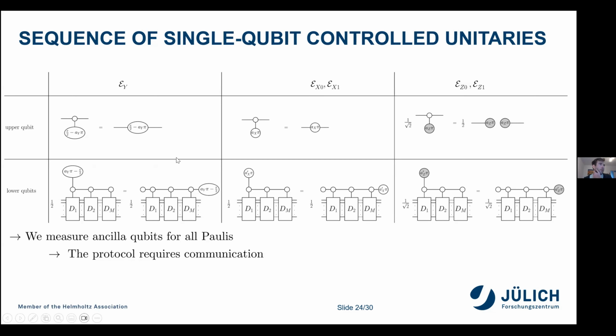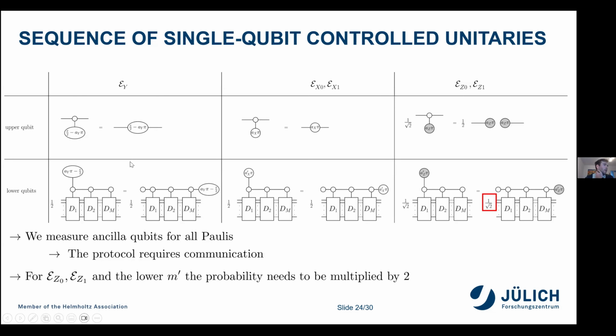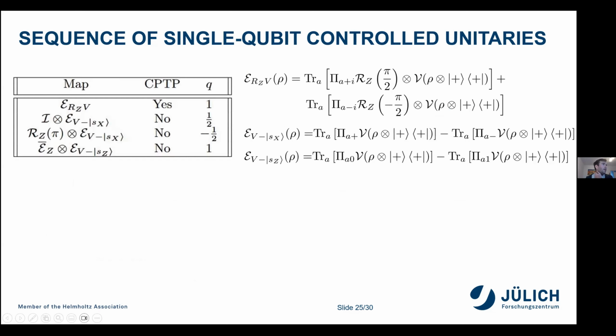And here we communicate for the Pauli Y, and this means that you first need to apply the measurement here, and this will tell you which rotation angle to put for the upper qubit. And again, this factor needs to be adapted.